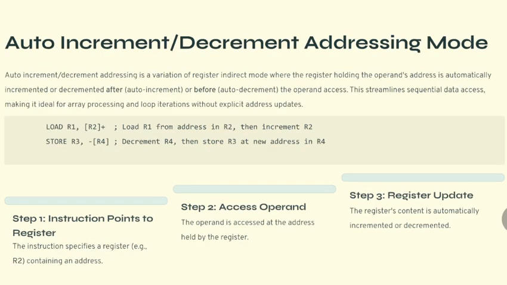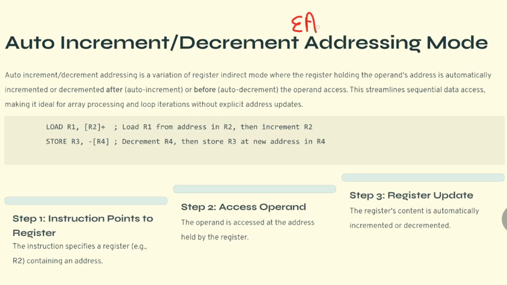Then the last one is auto increment and auto decrement addressing mode. Both are the same, the only difference is that in one there is an increment, in the other there is a decrement. A register is holding one address, the effective address, the operand's address.